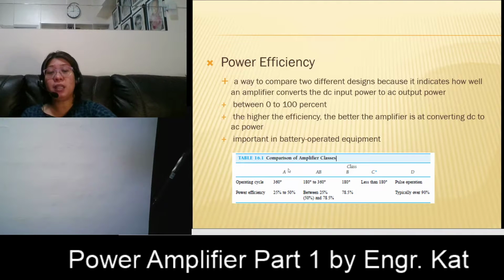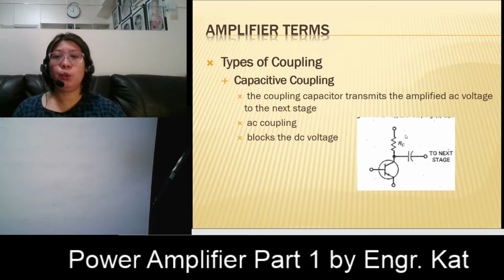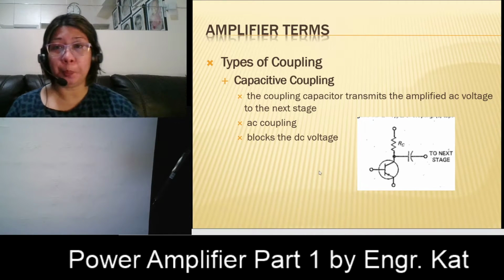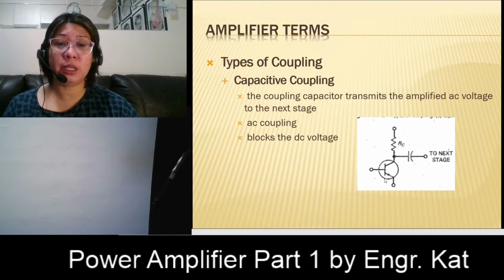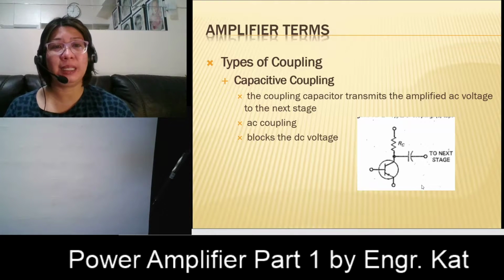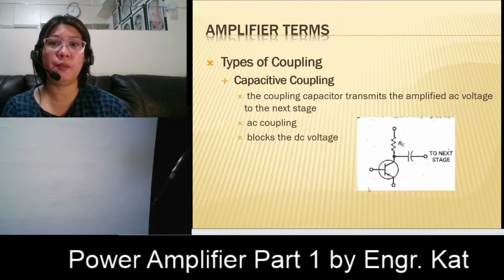But for this video, we will just be dealing with those amplifiers that are used in analog communications, and that is up to class C amplifiers. Okay, so we have here different types of coupling. We'll just do this fast because we have already discussed this in our previous videos.